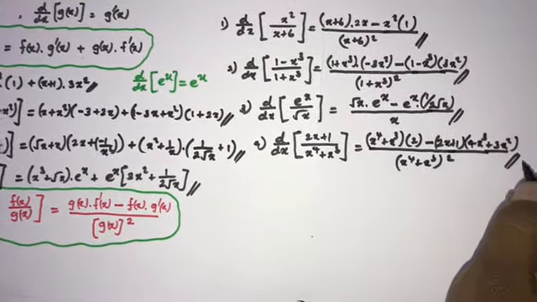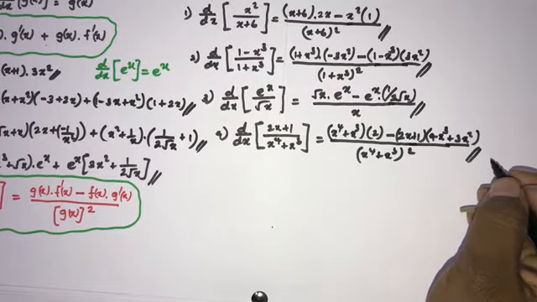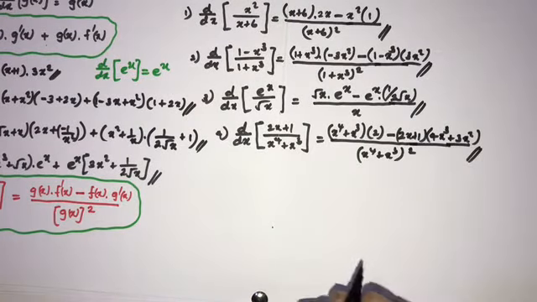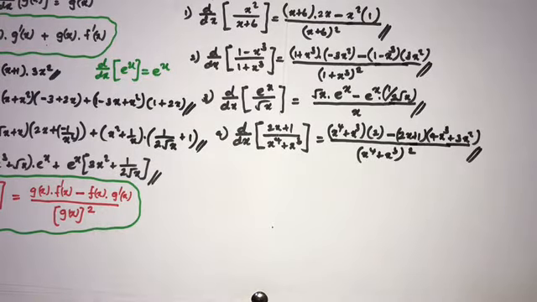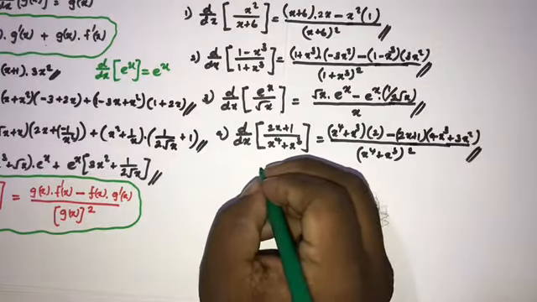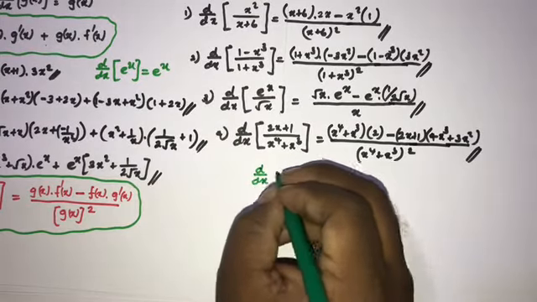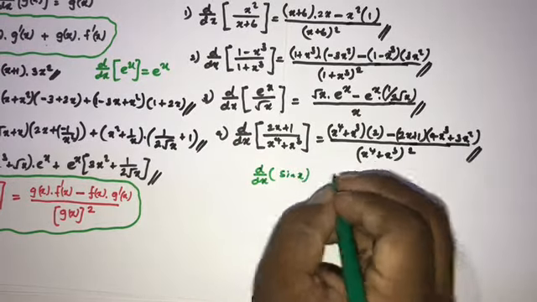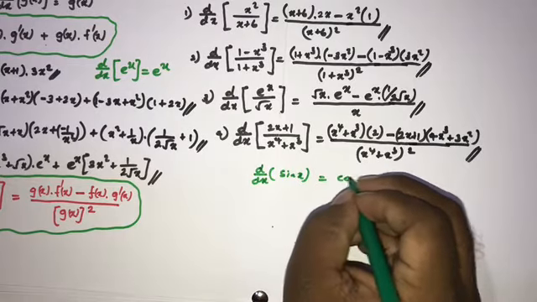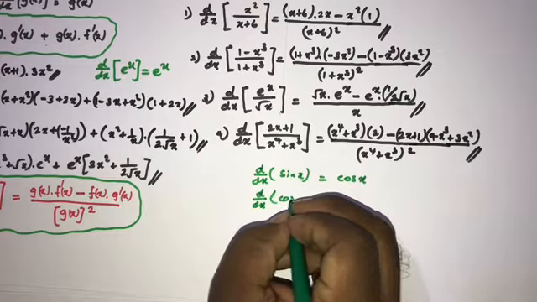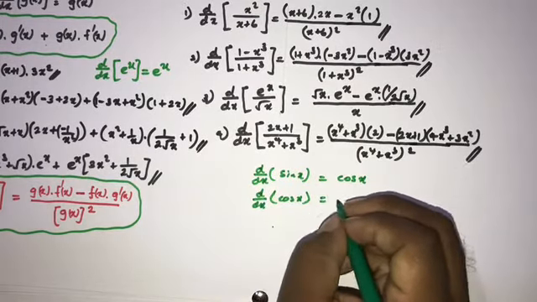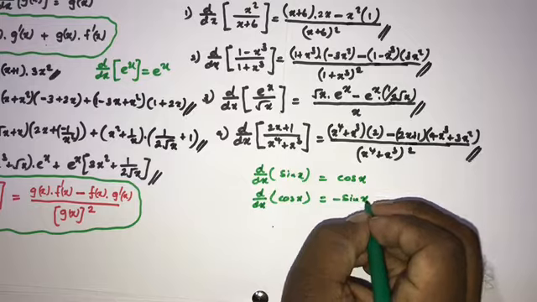Well, now first we talked about product rule, then we talked about quotient rule, then we are going to talk about differentiation of trigonometric functions. First, the derivative of sine of x is equal to cosine of x. The derivative of cosine of x is minus sine of x.